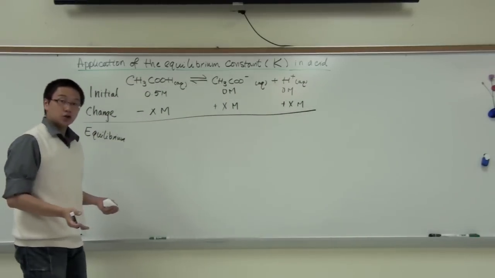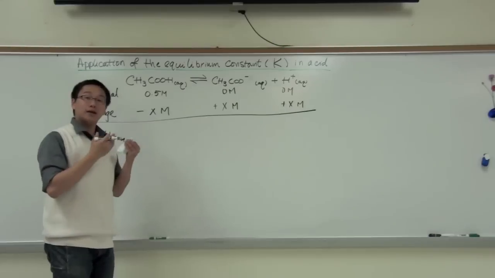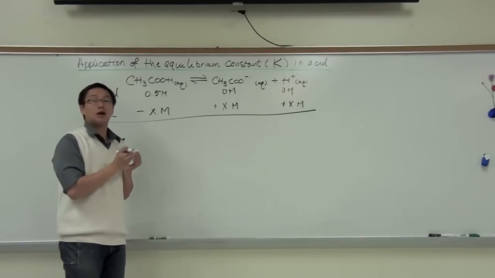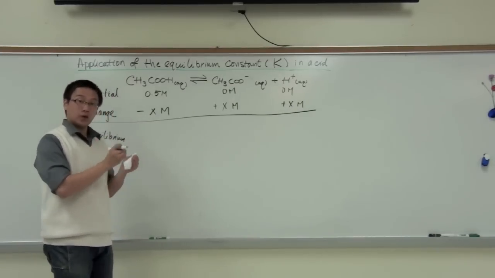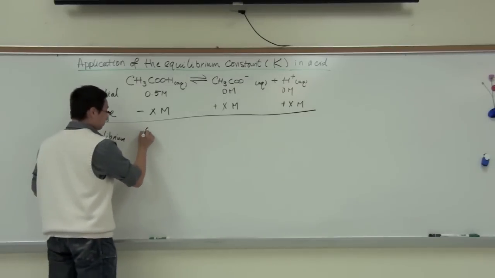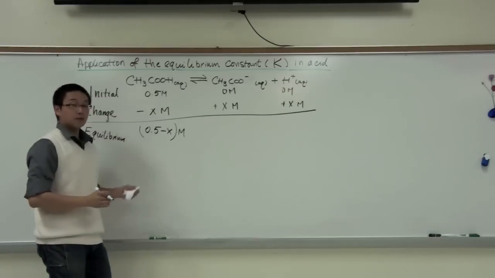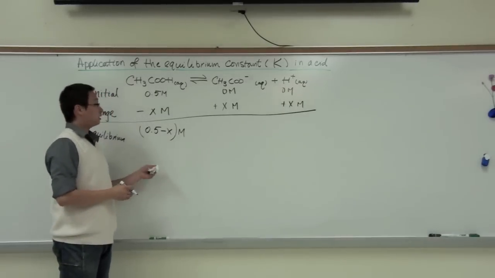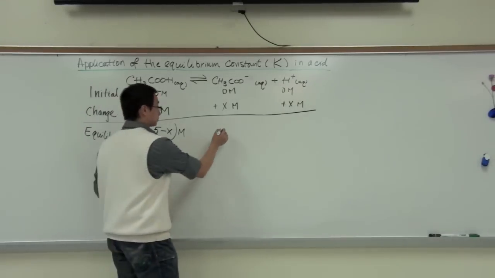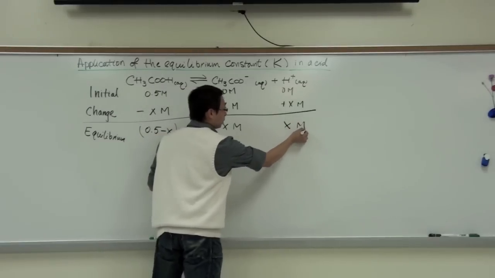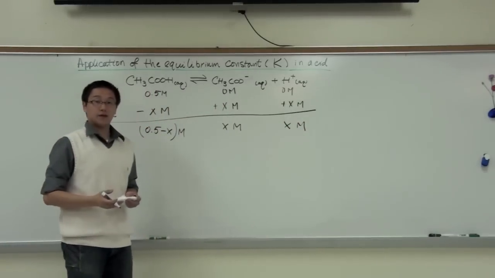So that's the change, and we would like to see the equilibrium concentration. We would like to see what is remaining at the end. So this will be the concentration of the acetic acid. And these two will be the concentrations of the ions.